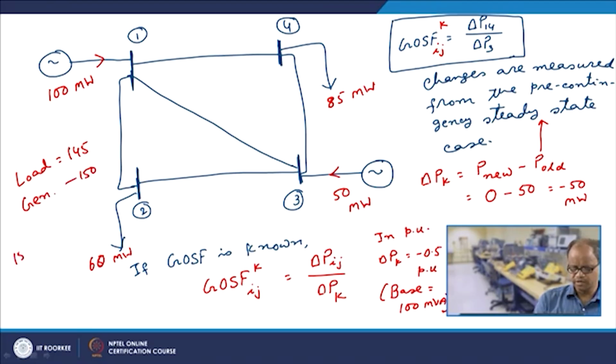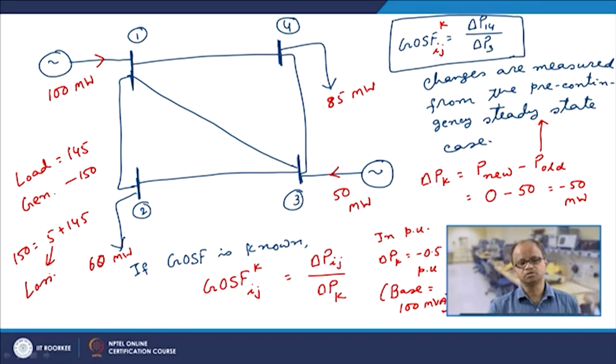So, 150 is equal to 5 plus 145. Here we are just assuming that this 5 is loss, just as an example. Now, suppose this generator goes out, so it is not giving 50 megawatt.